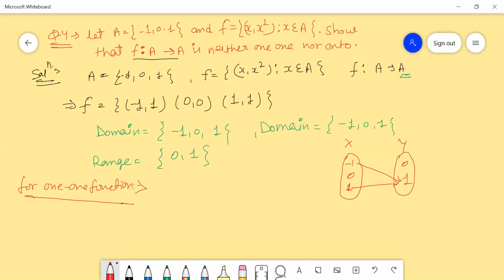So it is not satisfying the definition of 1-1, because in a 1-1 function every element of the domain has a different image, but here -1 and 1 have the same image, that is 1. So we can say this function is not 1-1. Okay, so now we check for an onto function.